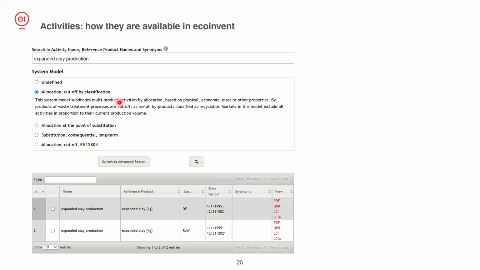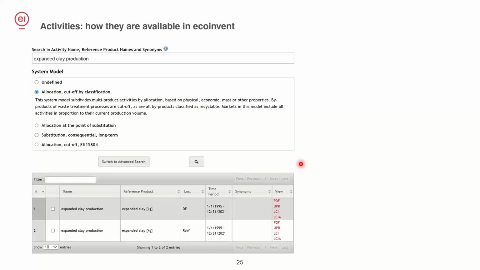Until now, we saw what we mean when we read an activity name in the ecoinvent database. Also, we saw what to expect from the geographies. Let's see in which format now activities are available in ecoinvent. And this is a screenshot from ecoQuery.